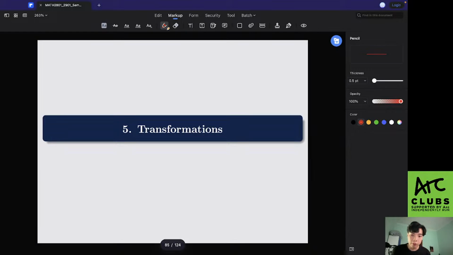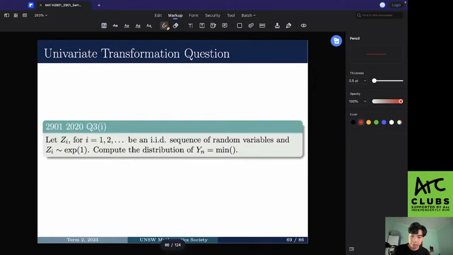So, we're up to transformations. What is a transformation? It didn't render for some reason, but this should say the min of z1, z2, and so on until zn.